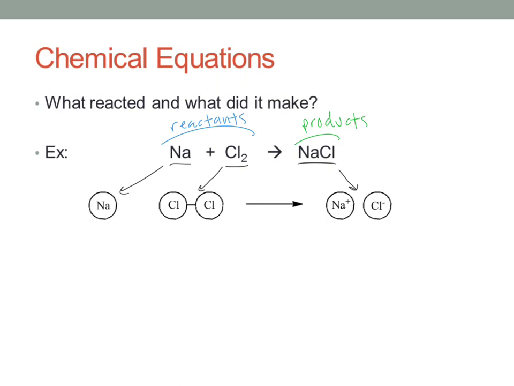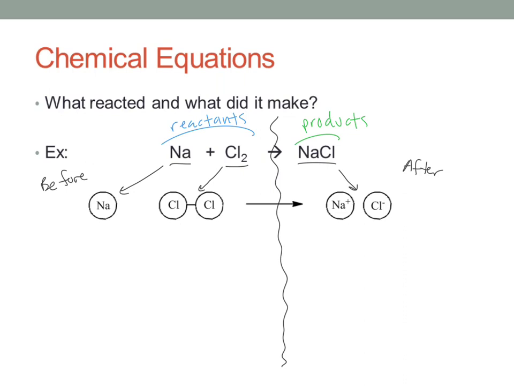And when we're looking at this, what's important to remember always is that this reaction arrow is kind of like a before and after. So we have the state of things before the reaction and the state of things after the reaction. And what you've probably already noticed, and it's the title of this video, is that this does not look balanced.